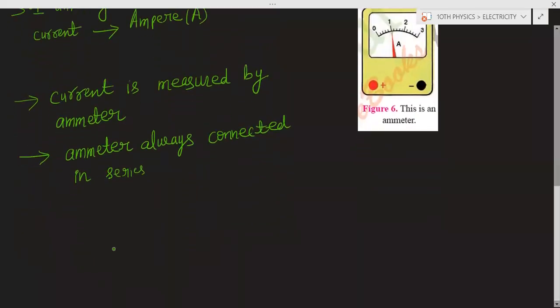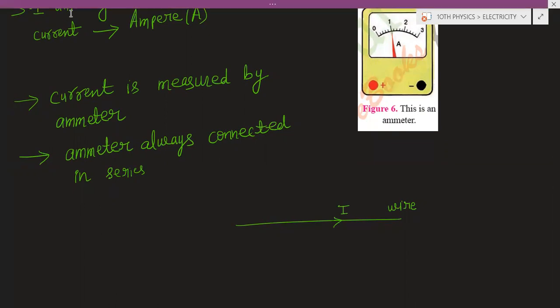And how will you connect the ammeter? Suppose this is a wire, and in this wire there is a current flowing, and you want to measure the value of this current. So what you will do is connect the ammeter in series with this wire like this.